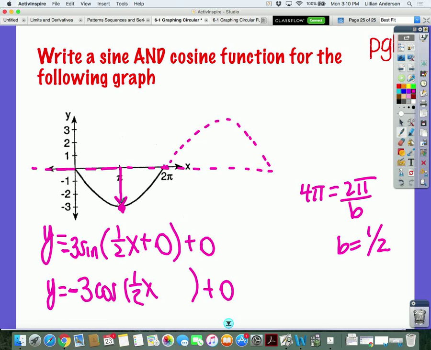Y-axis. And this is why. If this should have been our maximum, how far is it away from the y-axis? Pi. And did I move to the left or did I move to the right? So I moved to the right. So my phase shift is pi.